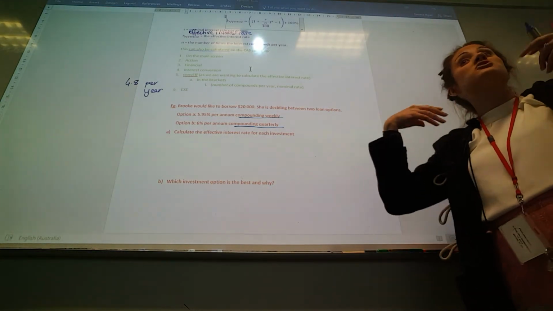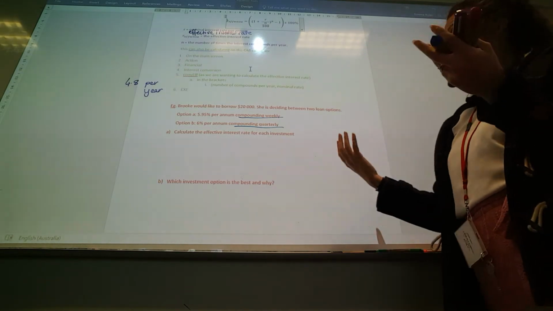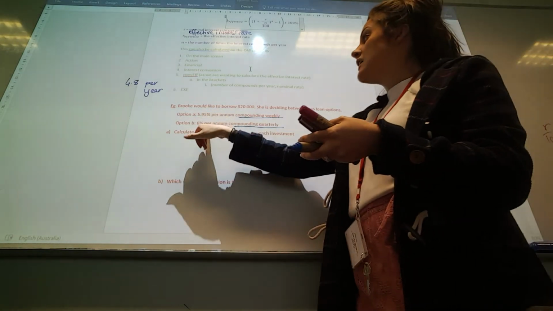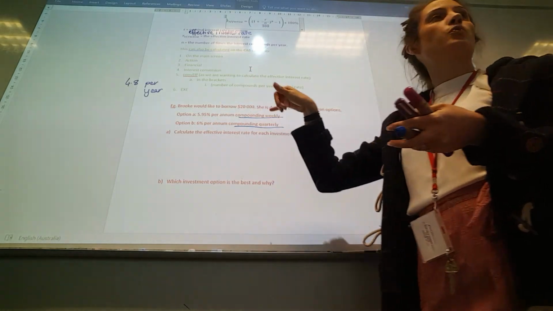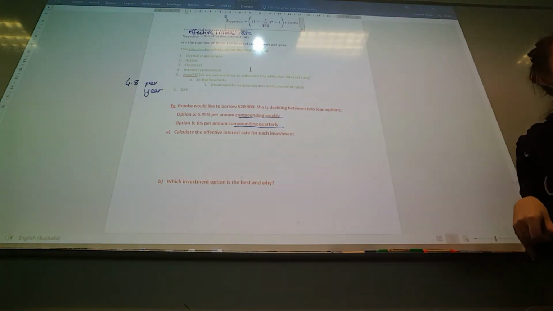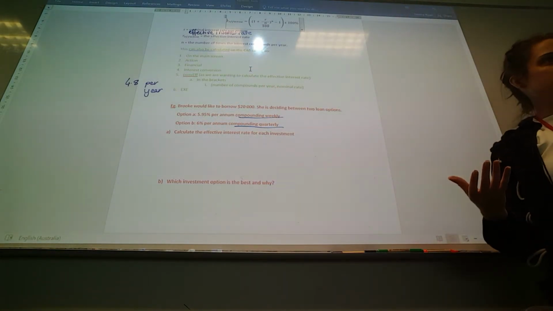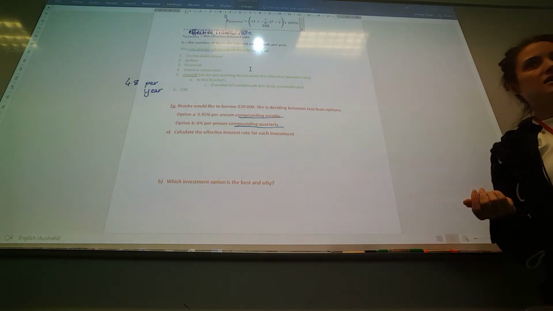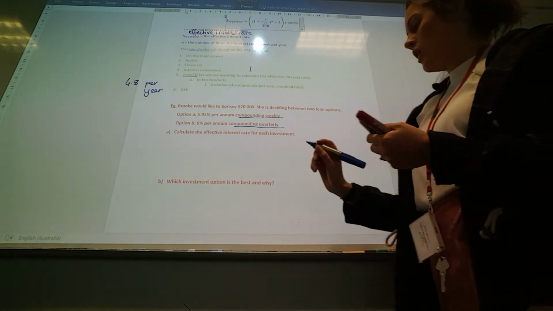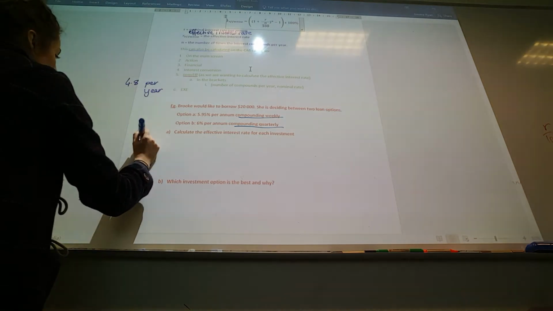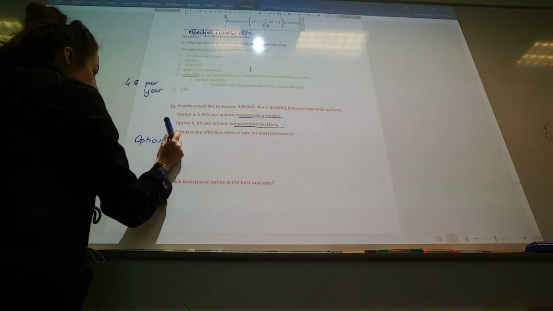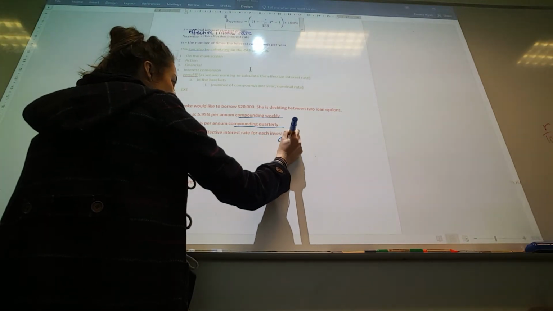If she was investing, she wants a high interest rate. So by finding the effective interest rate, we can find which one is the lowest, and therefore the best for Brooke. Does that make sense? Cool. All right, so let's do option A over here, and we'll do option B over here.